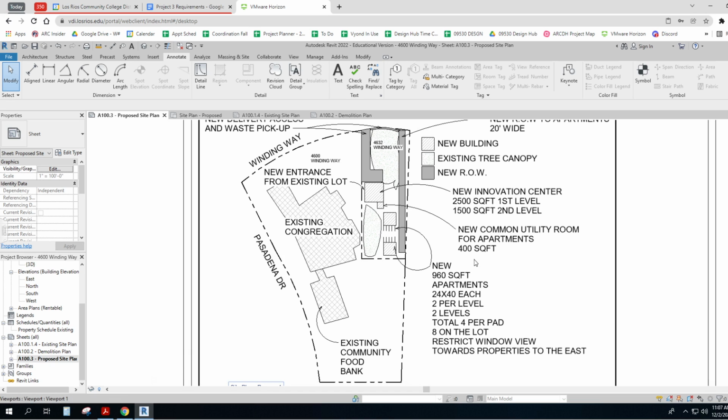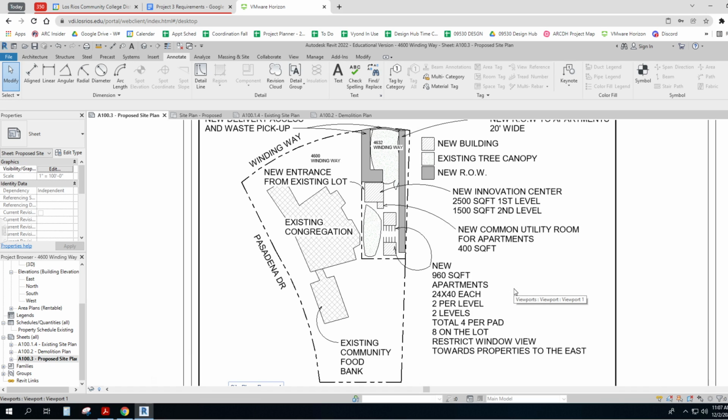And then, just out of deference to these people over here, they're not used to people looking over their fence. I'm suggesting that the architect is going to have to restrict the window placement on this eastern side so that they're either high so that you're looking up and out, but something to keep these windows from looking down over here.